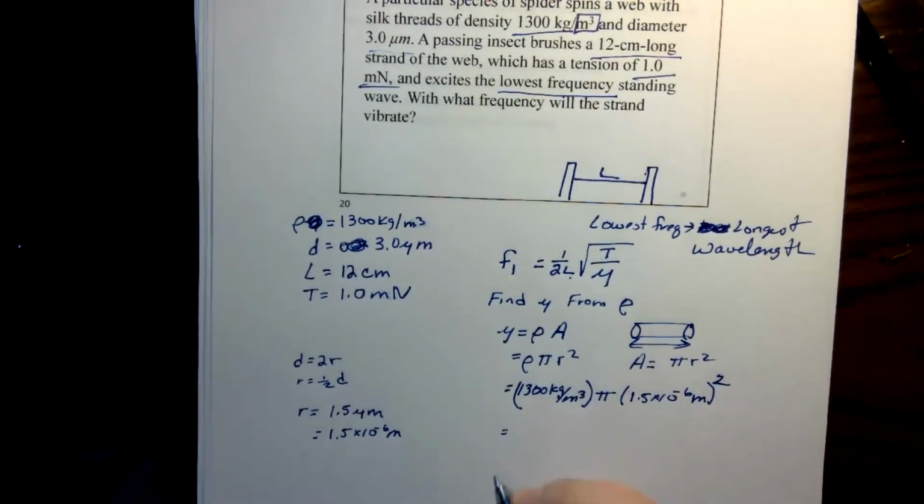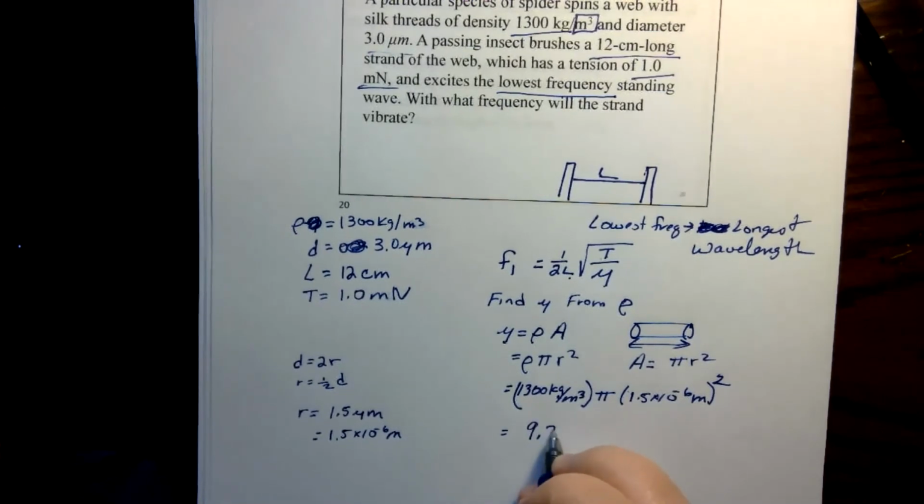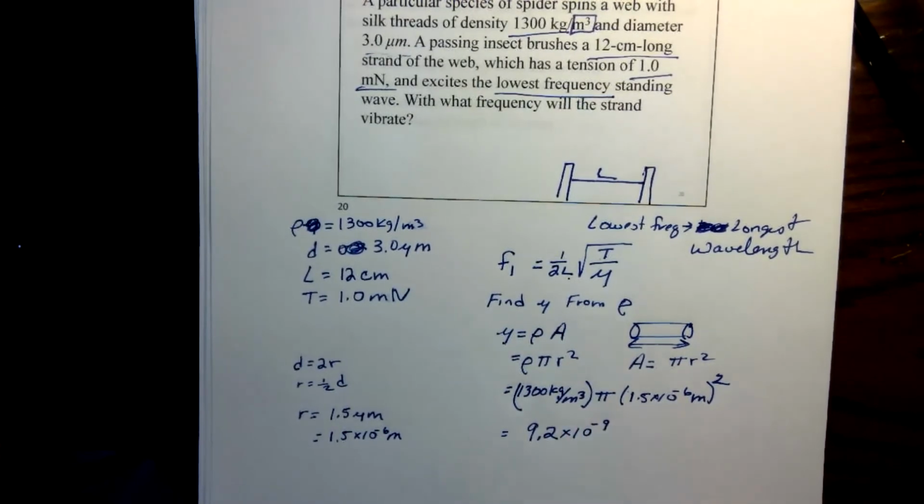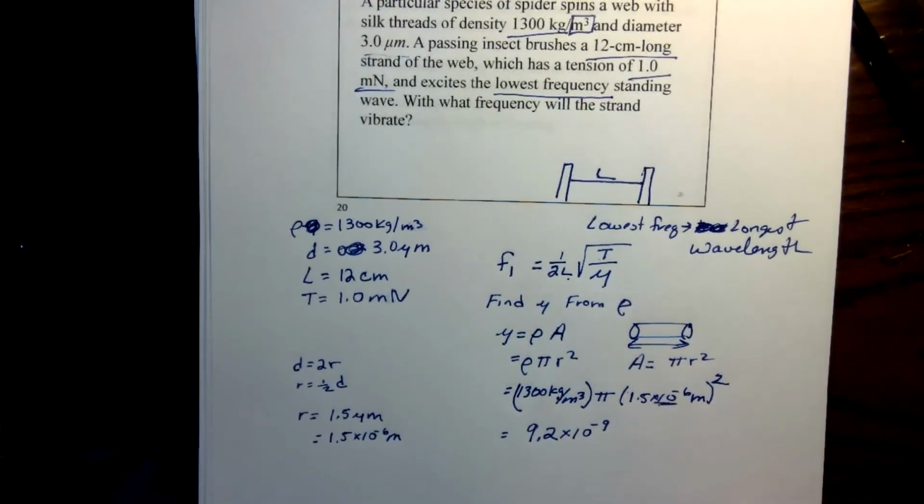And when you throw it all on your calculator, you should get an answer. Go ahead and do that real quick, pause a moment, put it in your calculator. Make sure when you put it in your calculator that you square this 10 to the negative 6 with the parentheses, and you should get 10 to the negative 9.